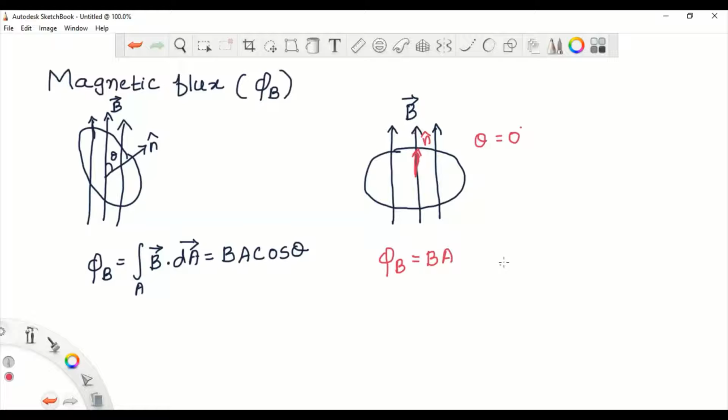So if theta is equal to 0, then cos 0 is equal to 1.